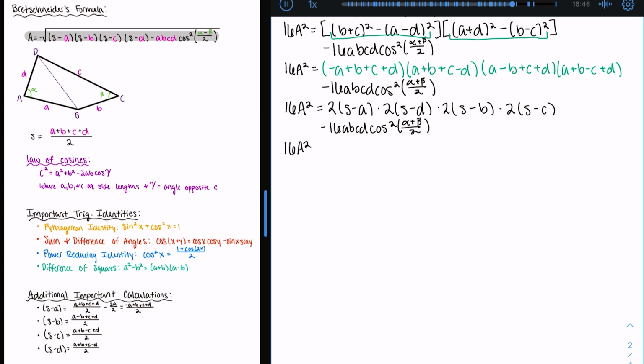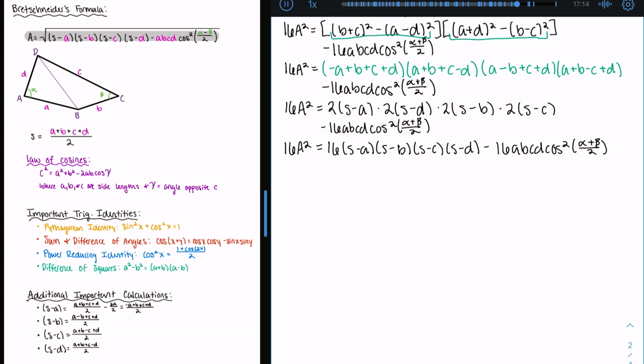Almost done. I will bring the 16a squared down, and then 2 times 2 times 2 times 2 gives me 16, and I can just rewrite everything in order. And then minus the 16 ABCD cosine squared of alpha plus beta divided by 2.